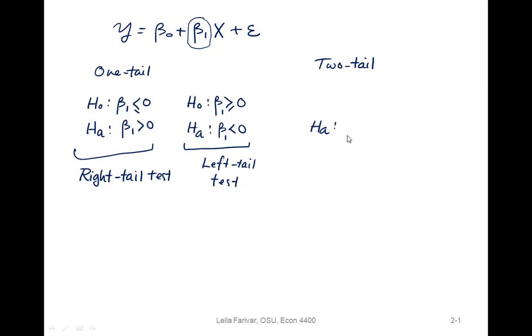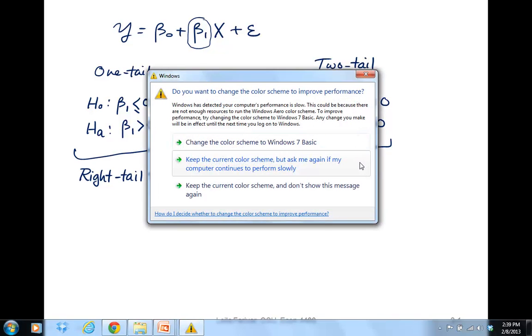The alternative would be something like this, beta 1 being not equal to 0 versus the H null that beta 1 is equal to 0. And that's a two-tail hypothesis. So before we go into finding the rejection region, we should know which type of hypothesis we are dealing with. Is it a right tail test? Is it a left tail test? Or is it a two-tail test?